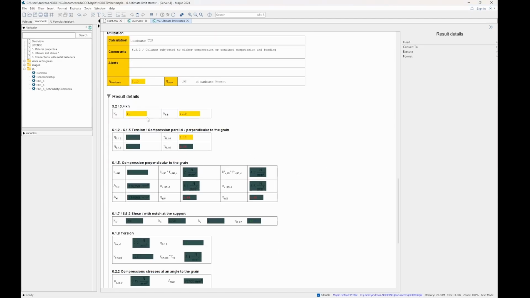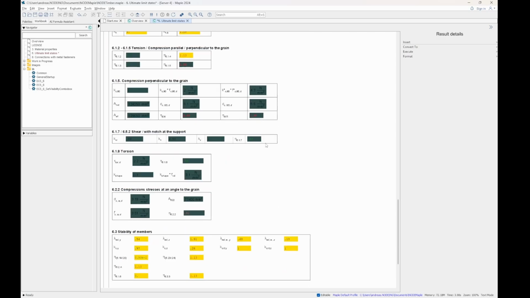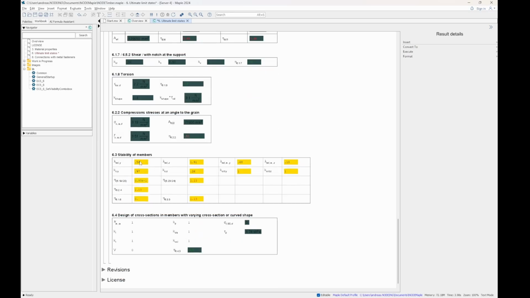So going into the detail section again, we have those values kh and khb. 6.1.4 has a utilization of 1.13, and we have the stability of the members with the relative slenderness lambda rel,y 0.5 and lambda rel,z 1.91, and kc,y and kc,z, which are those values, and the other ones are more or less self-explanatory.